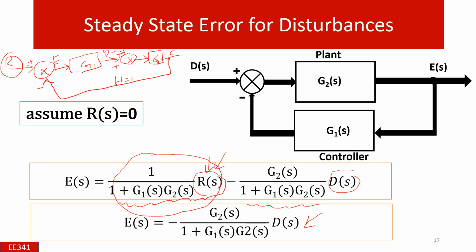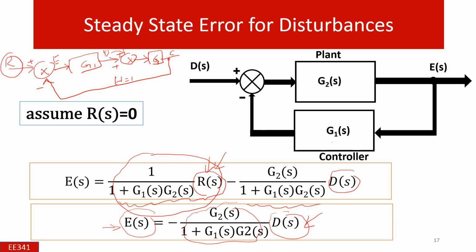D of s is the input value, and E of s in this case is the output, which is giving the error signal, and this relation is just like the normal transfer functions derived in the main part of the course.